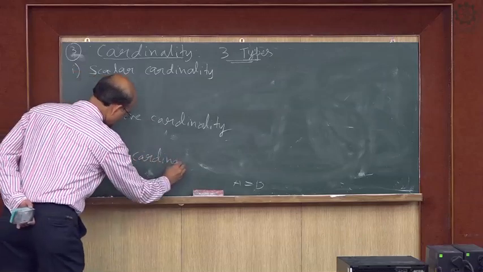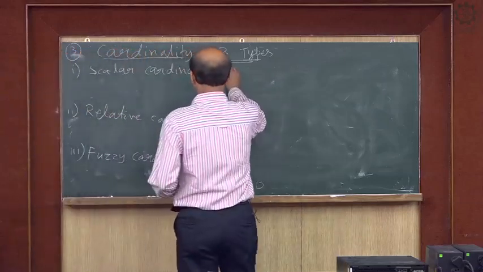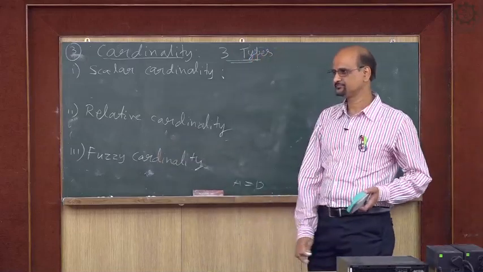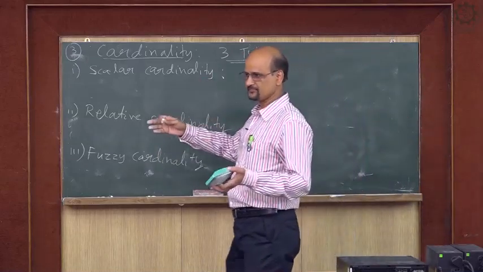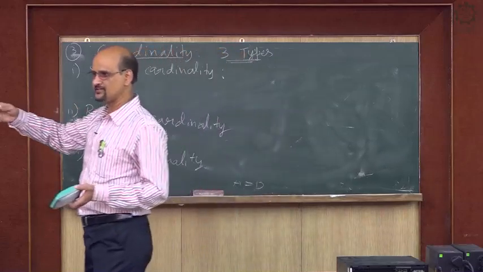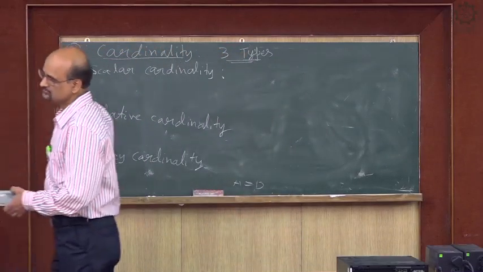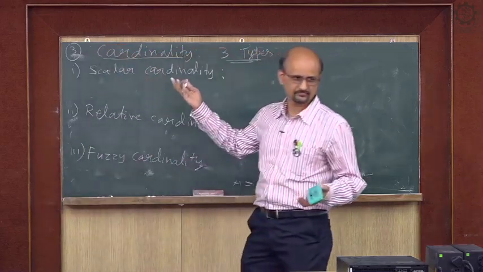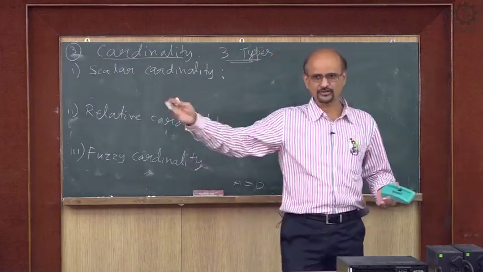Now scalar cardinality, this is very easy. If you have a fuzzy set A bar, so there you have for different elements different membership functions. You add those membership functions, that is your scalar cardinality. In crisp set theory, you are counting.